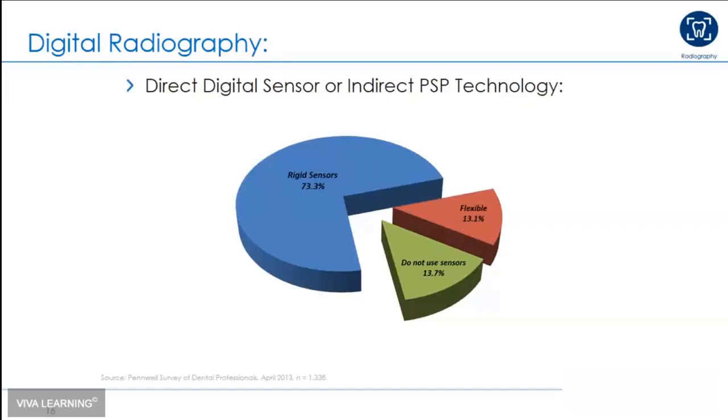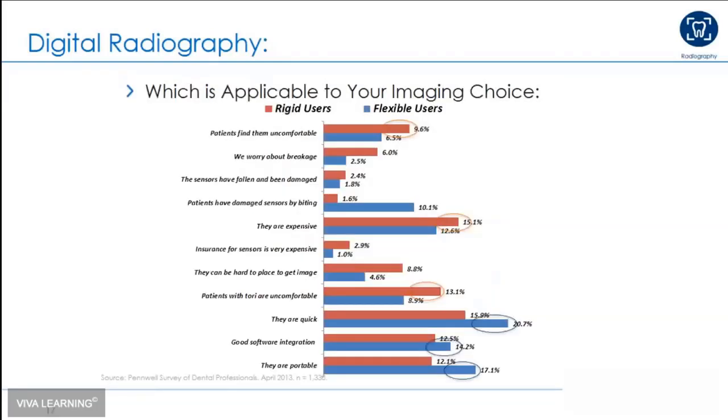So let's look a bit at rigid sensors versus flexible sensors or phosphor plate technology. About 13% of our population, nearly 14%, do not use sensors at all. They're still analog users. 74% are using rigid sensors, and phosphor plate or flexible sensors are rapidly gaining in popularity, as they should be, because the answer is in this simple survey that was taken.